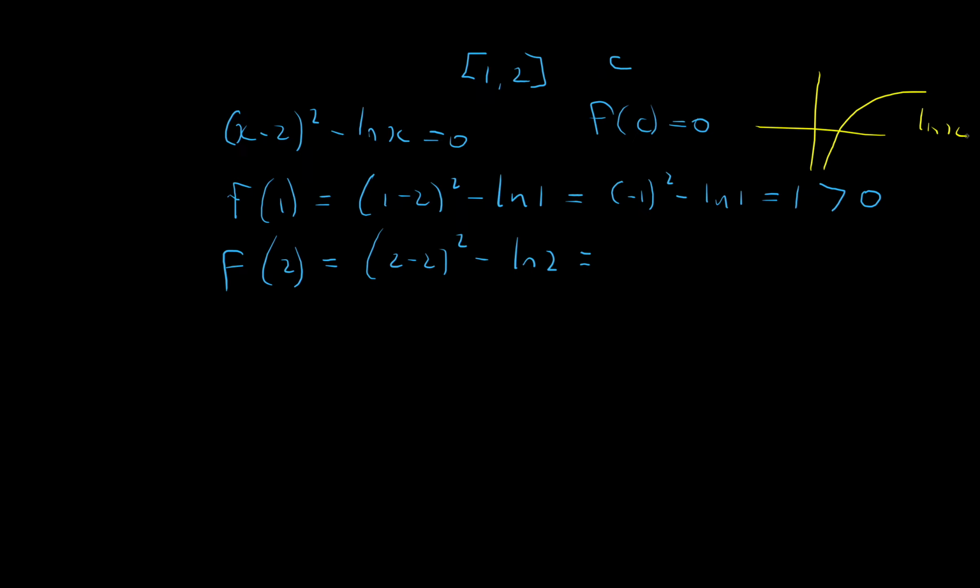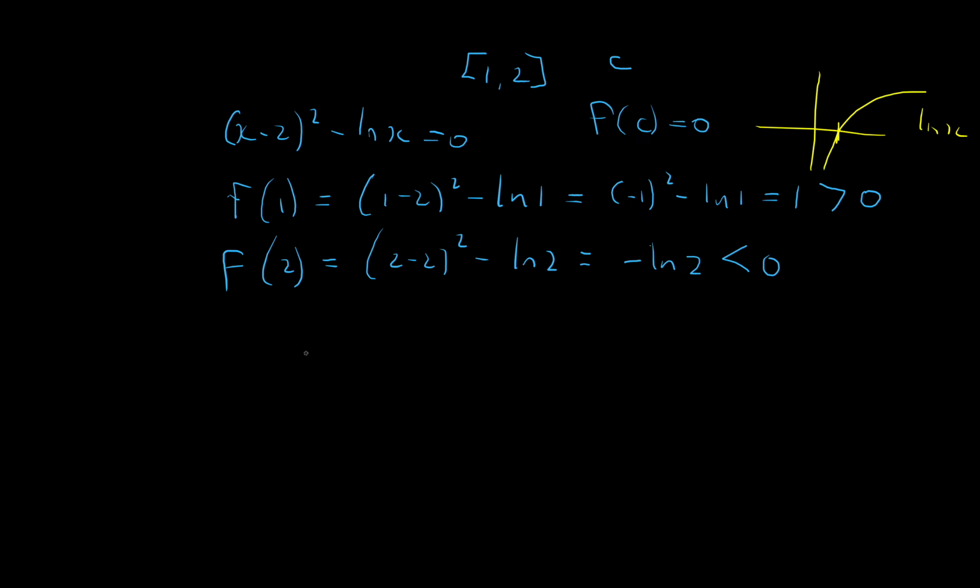This is ln x. This is at 1. So if you're greater than 1, ln x would be positive. So ln of 2 would be positive. So minus ln of 2 would be negative. So we know that this value will be, we can go back here and say this would be minus ln of 2, and this is less than 0.